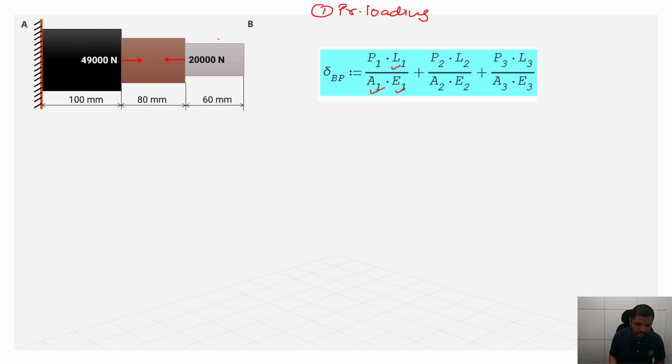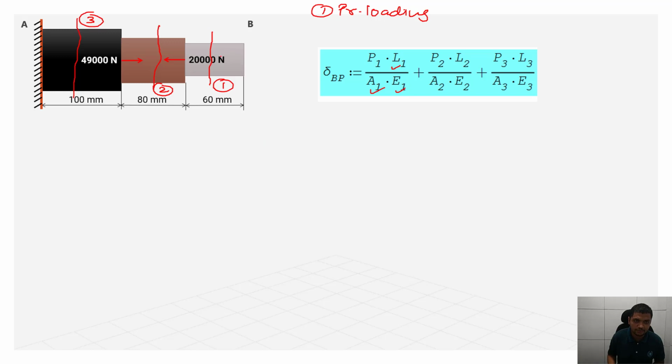So we are going to divide this into three sections. Let this be section 1, let this be section 2, and let this be section 3. Pardon my chicken scratches. At section 1, the internal force will be equal to 0.